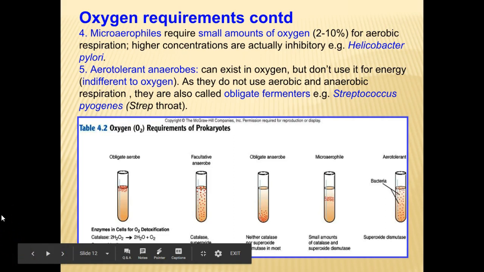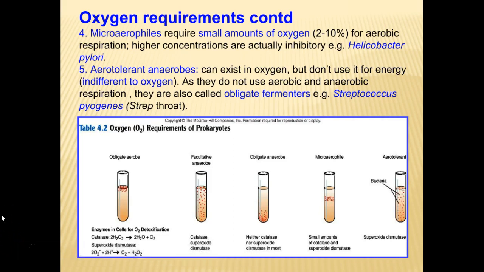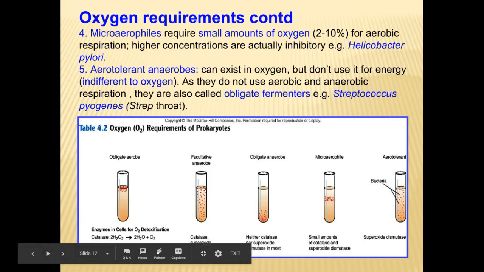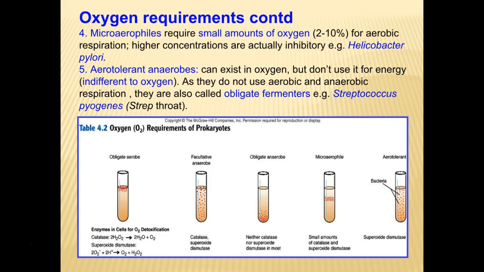Now, group 4 would be the microaerophiles. The microaerophiles are the ones that require very, very small amounts of oxygen, only about 2 to 10% in the solution that they're in. And they use it for aerobic respiration. If there's higher concentrations of oxygen, it's actually inhibitory and they won't grow very well at all.